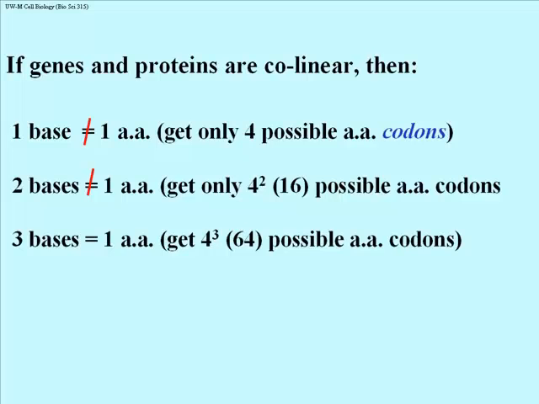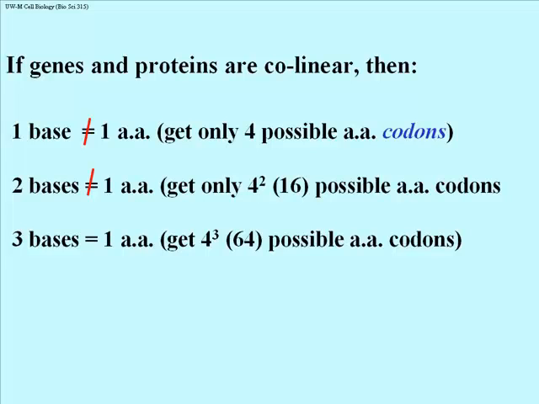Obviously, one base couldn't mean one amino acid, otherwise you would only be able to code for 4 possible amino acids. You'd only get 4 codons. With 2 bases, you'll only get 4 squared or 16 possible code words, and therefore you could only code for 16 amino acids. And of course we know that proteins are made up of 20 different amino acids.